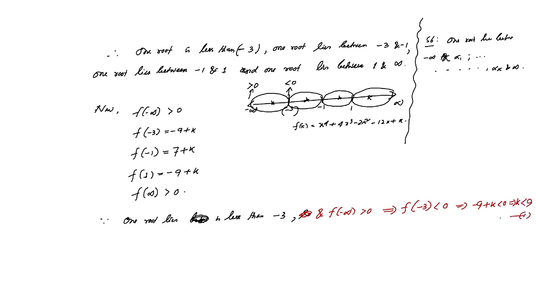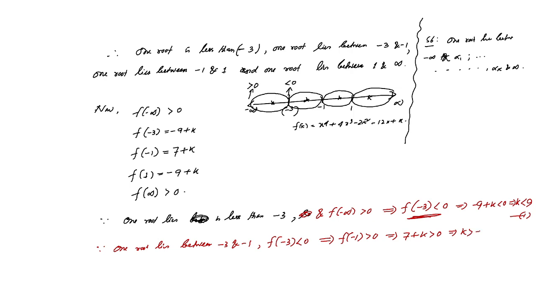This is 1. Again, since one root lies between -3 and -1, and f of -3 is less than 0, f of -1 is greater than 0. So 7 plus k greater than 0, so k greater than -7. This is 2.